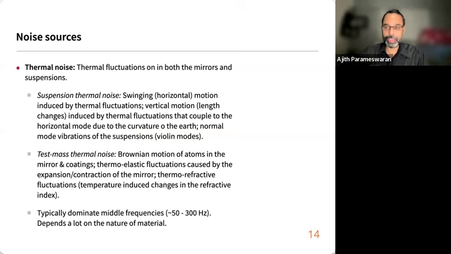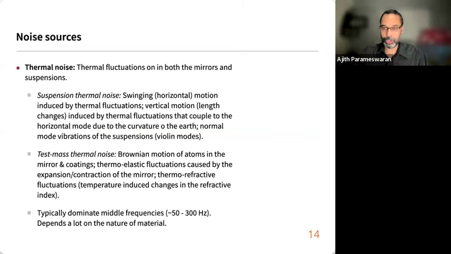In the intermediate part, at a few hundred hertz, where LIGO has the best sensitivity, the noise budget is dominated by thermal noise of the mirrors, as well as the suspensions that are used to suspend these mirrors.